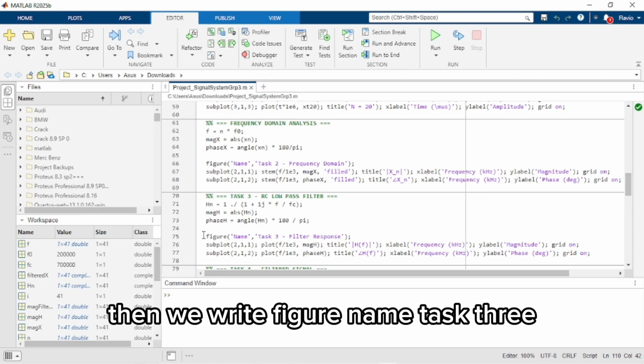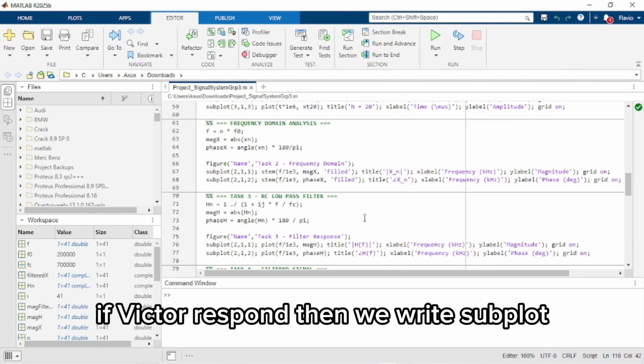Then we write figure name task 3, which is the filter response.